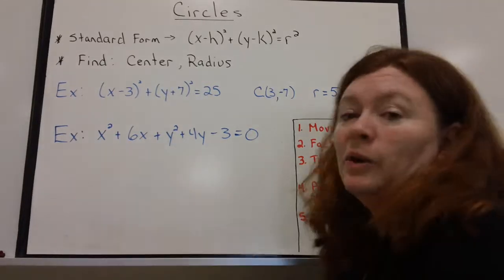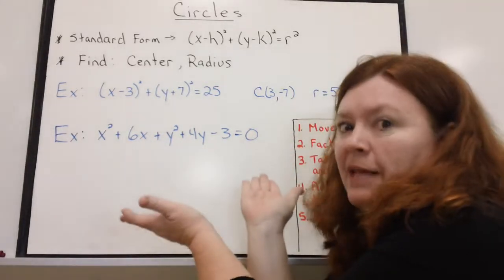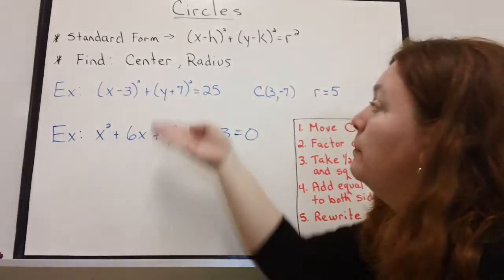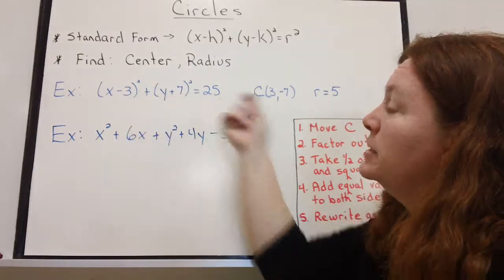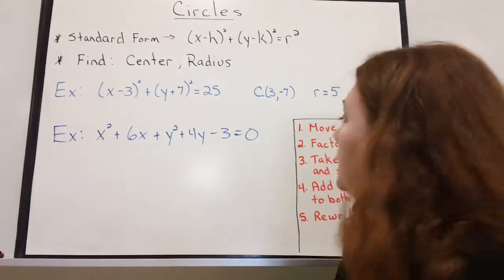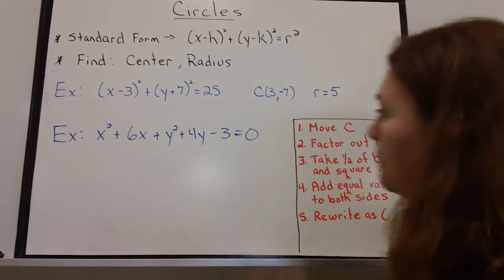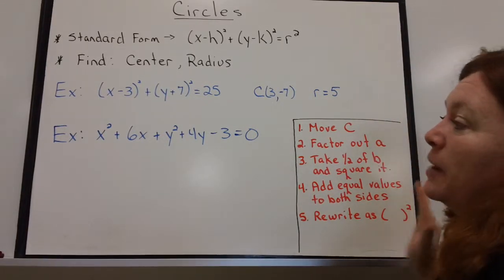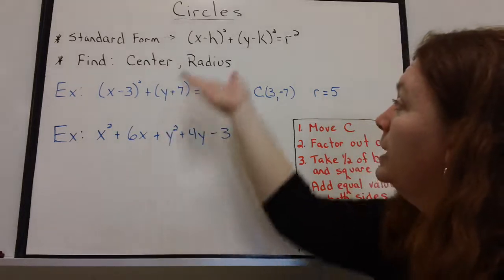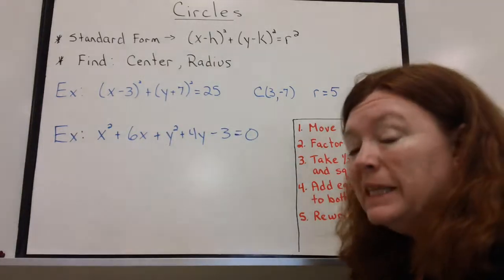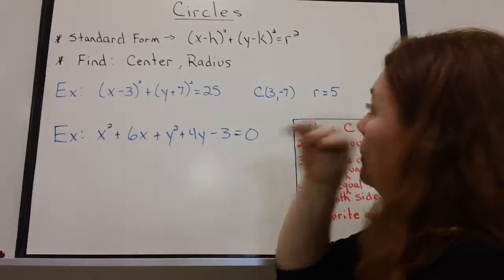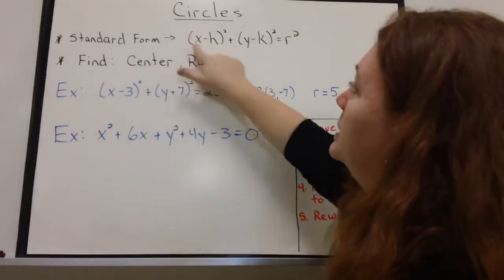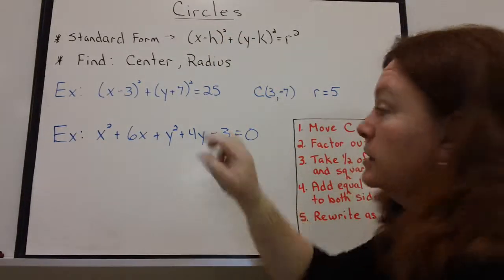Problem is, we don't always have an equation written in that form for us. Sometimes we have to rearrange the equation and put it in that form so that we can find the center and the radius fairly quickly. I put a reminder over here of the steps for what we need to do, and that is called completing the square. What we really want is to put the x's in a format so that it is something squared, and the same with the y's.